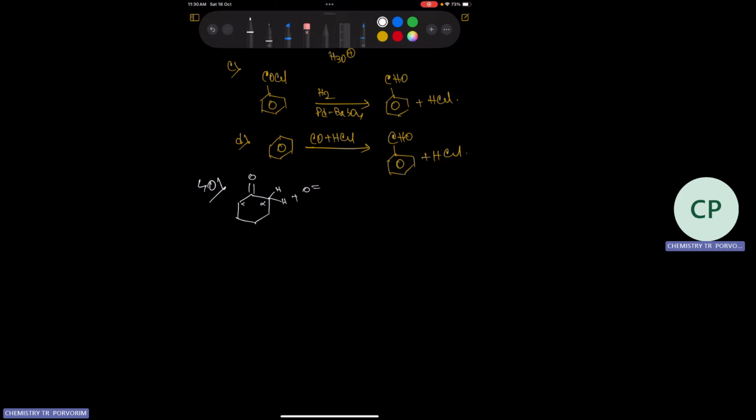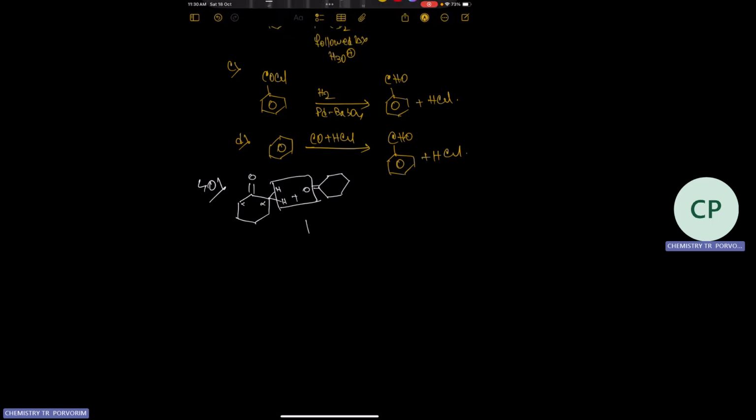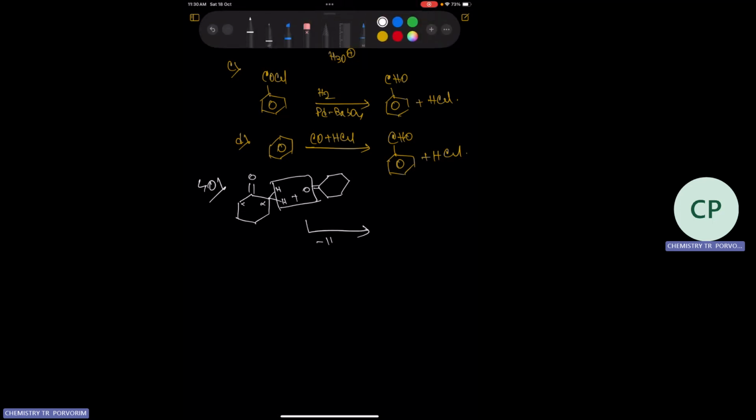The double bond O reacts with another cyclohexanone, and if water is removed, you get the product, this one. So option A. Question 40, option should be A.